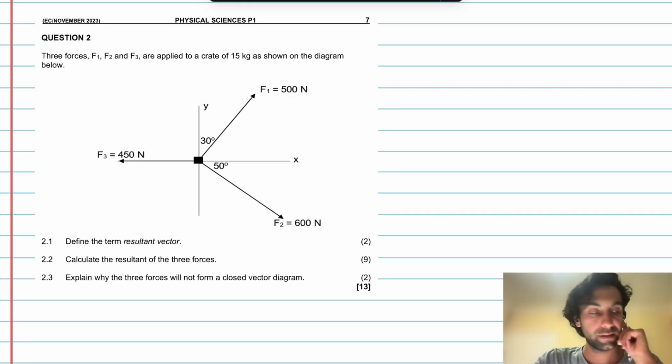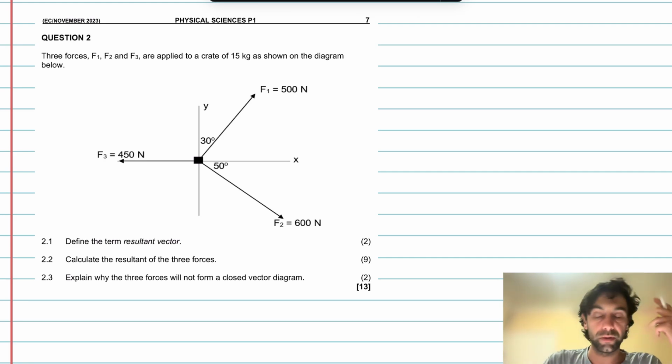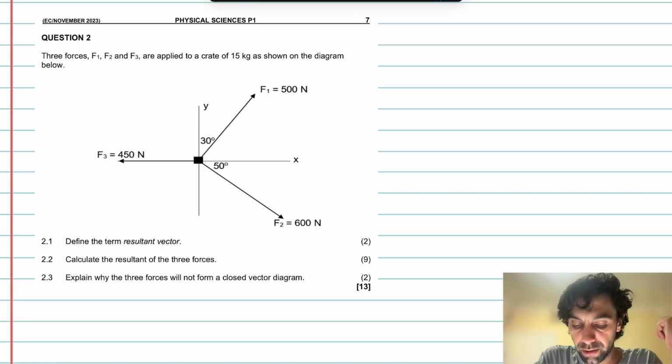Okay, let's have a look at our second problem now. This is question 2 from a November 2023 paper. The difference between this one and the previous one is that we have a crate that weighs 15 kgs, which means that maybe we'll have to calculate some weight or some acceleration or something along those lines.